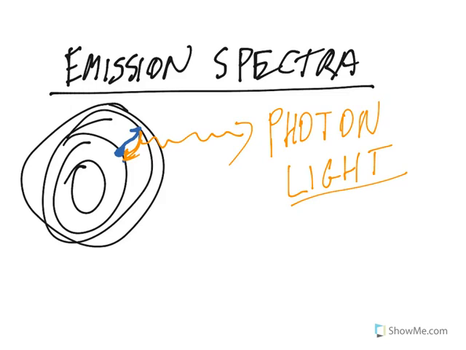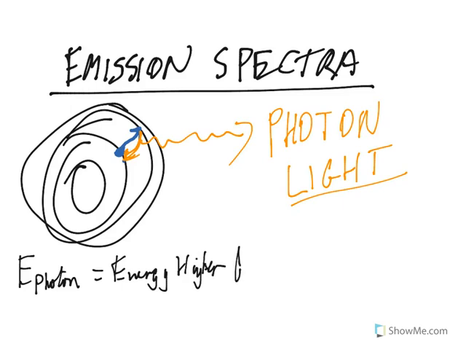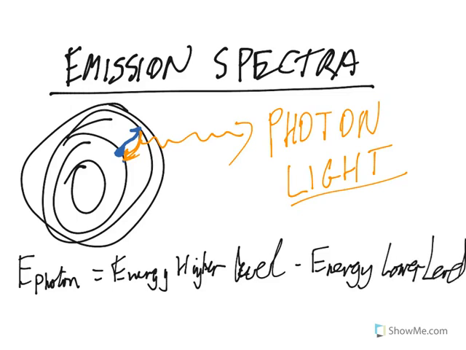Now there's an equation that we can work out here. We don't work it out, but it's been worked out for us, that the energy of the photon will be equal to the energy of the higher level minus the energy of the lower level.